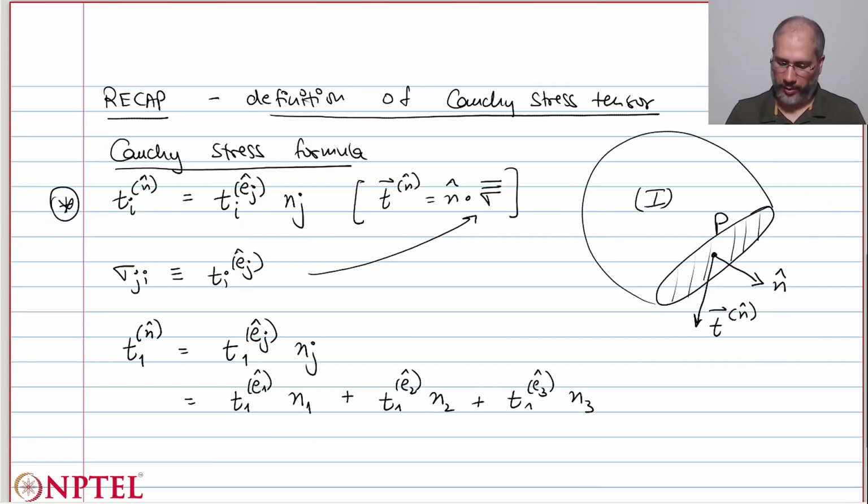So let us look at what we've got here. This tells us that the first component of the traction vector on the n hat cutting plane is a linear combination of the first component of traction vectors on three mutually perpendicular cutting planes, or the coordinate planes. And the weights are simply the three components of the normal vector that is given to us as the cutting plane.